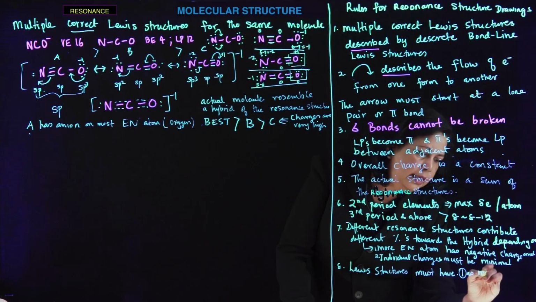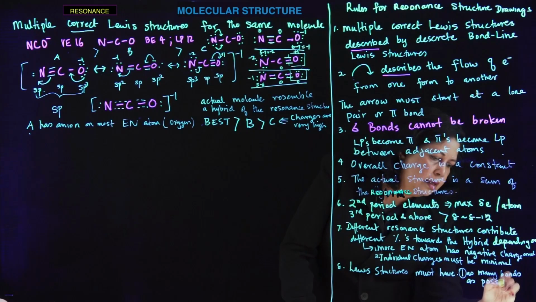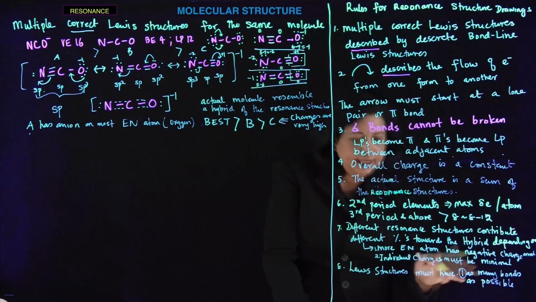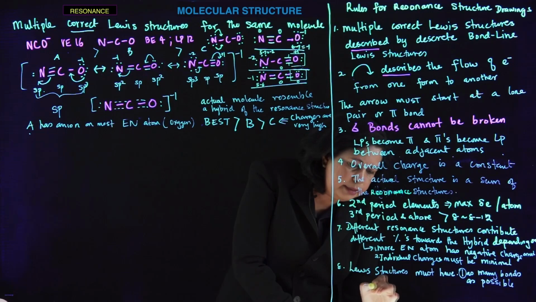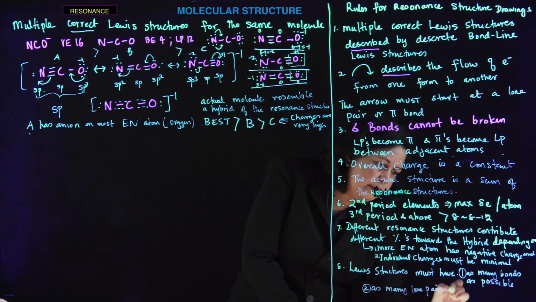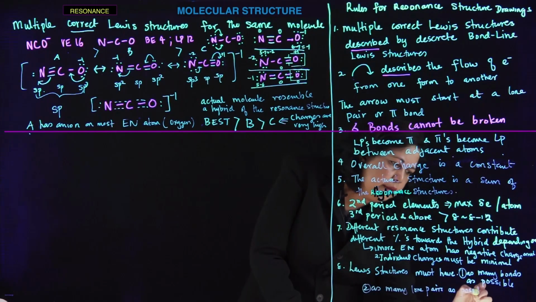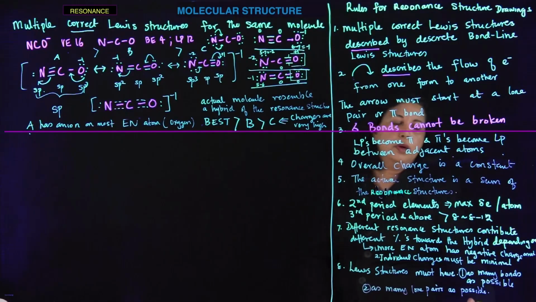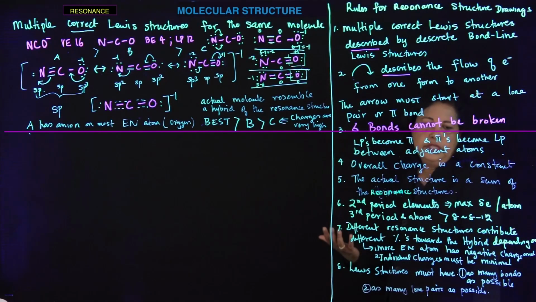One, as many bonds as possible. And once you fulfill that, then two, as many lone pairs as possible. And how do you know how many bonds to put? You try to reach octets.